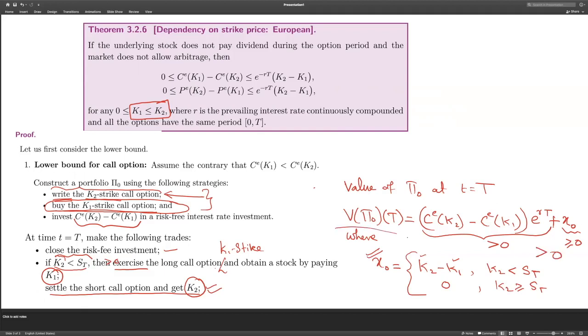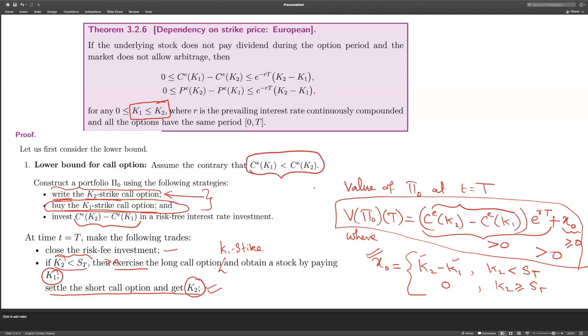That shows that you have created an arbitrage portfolio. Why is it so? Because this is strictly positive. That is why you are able to create this arbitrage portfolio. It becomes strictly greater than 0 because of your wrong assumption here. That shows that this assumption is not possible.